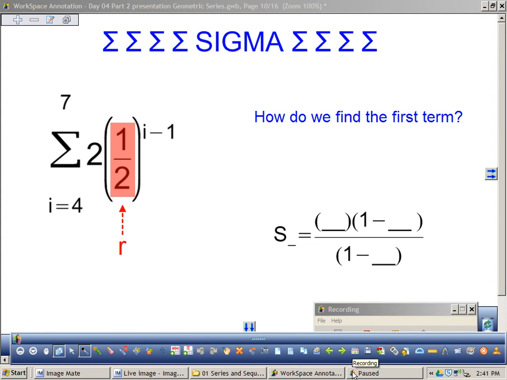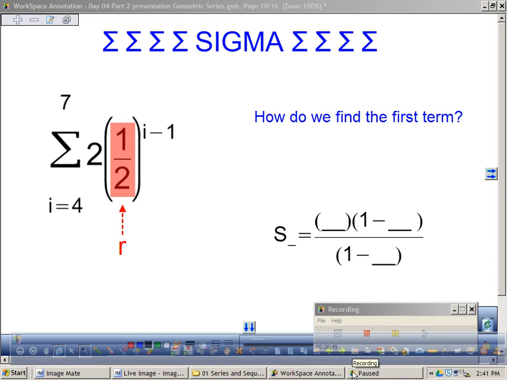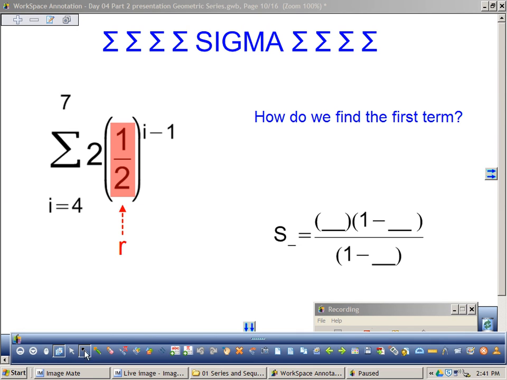Okay, so let's just go over a few things you need to finish up your homework. All right, so I need the a sub 1. In order to get the a sub 1, I use this first number in here. So a sub 1 is 2 times (1/2)^(i-1).